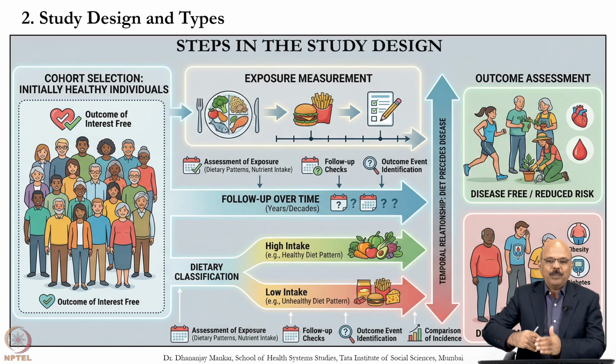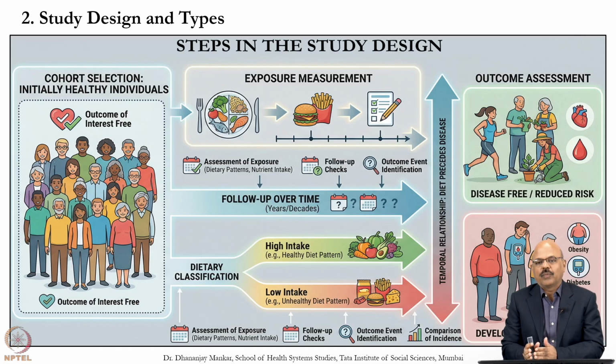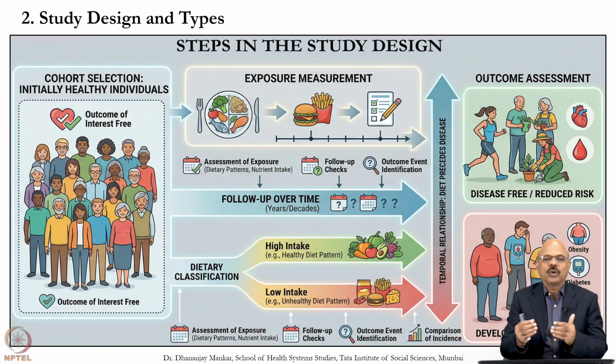So a temporal relationship develops with the outcome, where you are disease free when you keep healthy habits, with reduced risk through nature contact and exposure to more healthy eating, so you have fewer disease conditions.